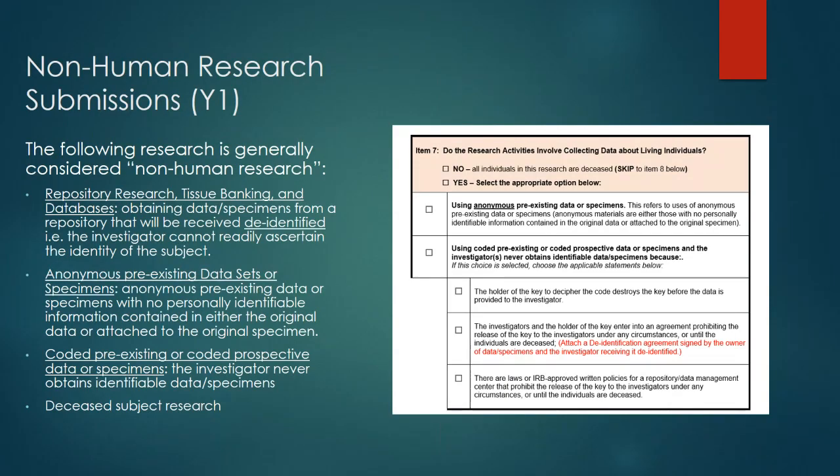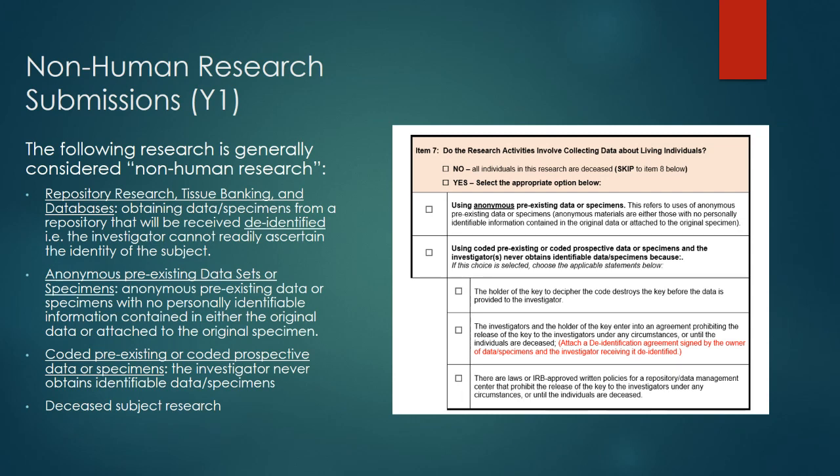So to explain the Y1 form, the non-human research. This is any research that is going to obtain data or specimens from a repository that will be received already de-identified. An example of this is if there's a national database of some sort that has this data, where the PI would have to log in and obtain data from that entity.